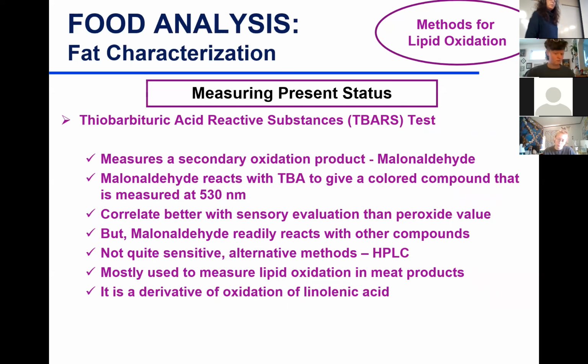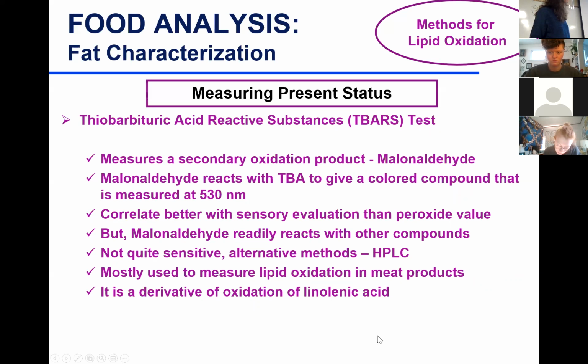This is a very common assay for secondary metabolites. We call it TBARS. TBARS stands for thiobarbituric acid reactive substances. It is a test specific for malonaldehyde, and malonaldehyde is a secondary metabolite of linolenic acid specifically.